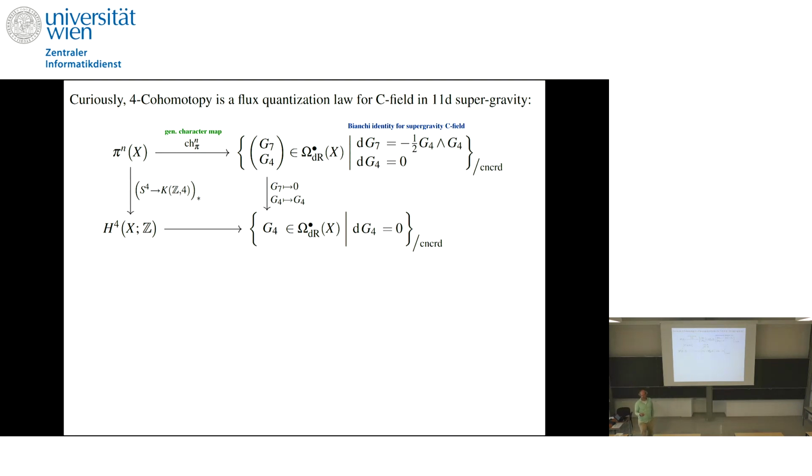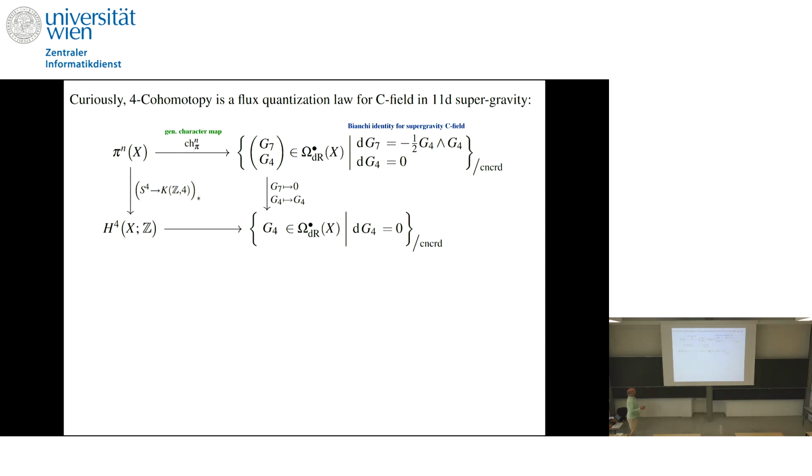It says that the supergravity C field is closed as a 4 form, but that it satisfies a funny self-duality relation, that there is also the Page charge. So this measures M5 brane charge, this measures M2 brane charge if you integrate over spheres. And this is famously not closed. This is the origin of many of the subtle phenomena in M theory that you can see already at the level of just the flux quantization.